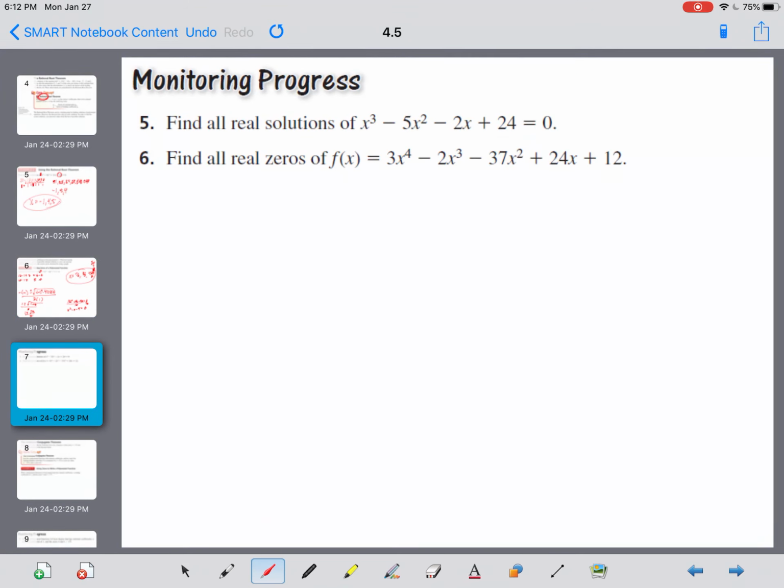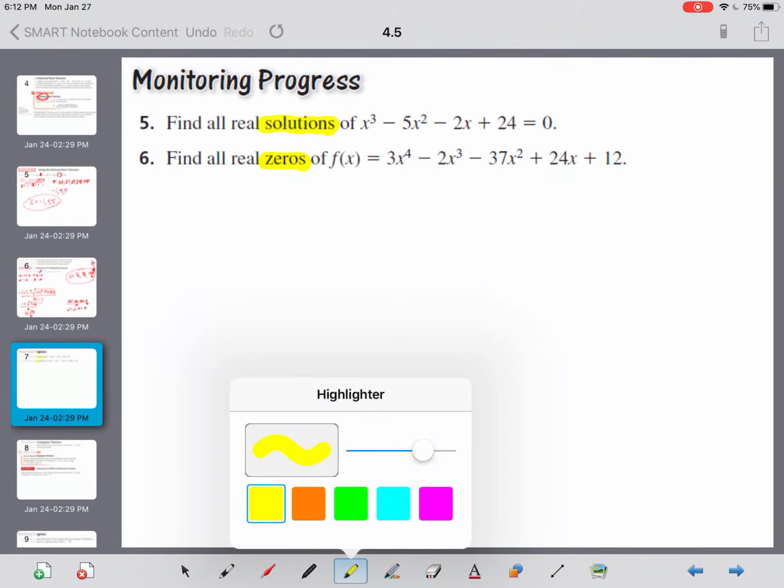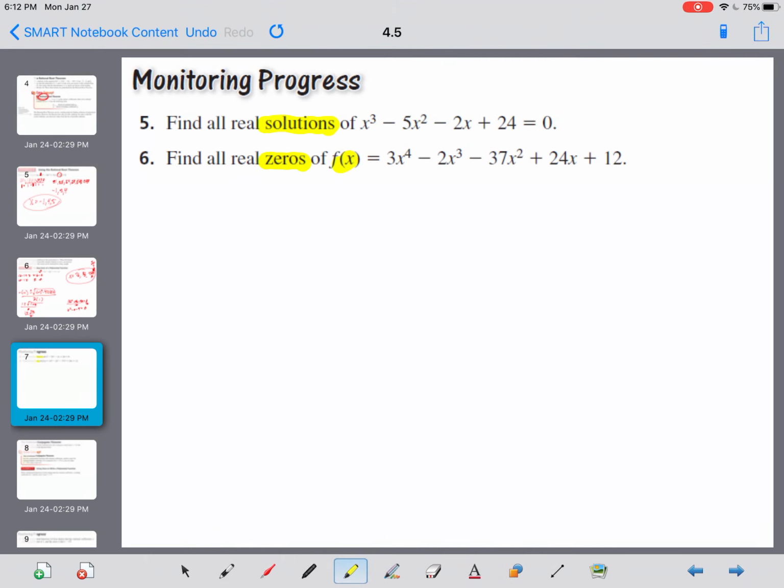So find all the real solutions of x to the third minus 5x squared minus 2x plus 24 equals 0. And then find all the real zeros. This word, that word, same thing. The reason it's worded differently is because f of x is the function part, 0 is what it's equal to.